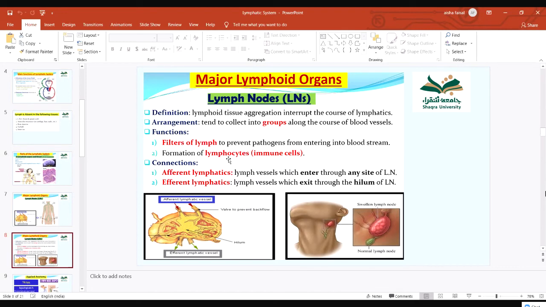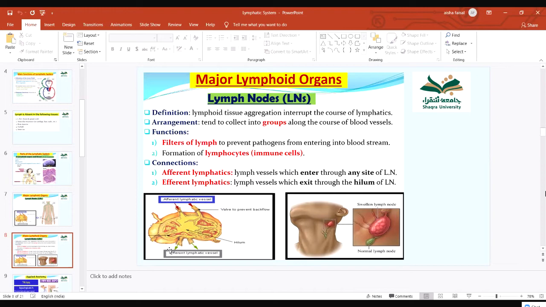Whenever these lymphocytes encounter any pathogen, they proliferate, they multiply more and more, so the number of lymphocytes increases. The production is happening in your bone marrow. In the lymph node, they only proliferate to become more in number to encounter the pathogen.